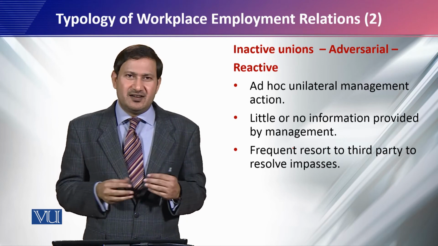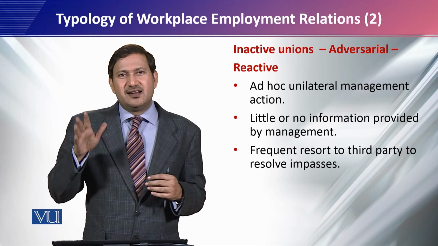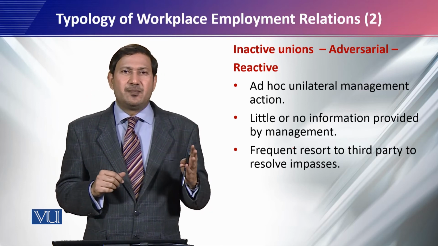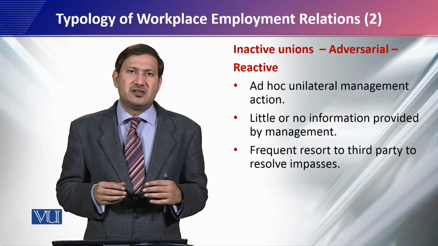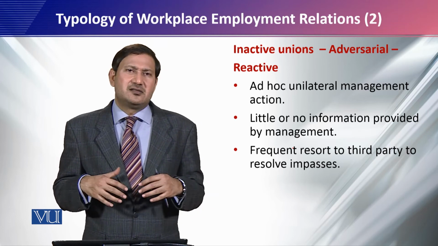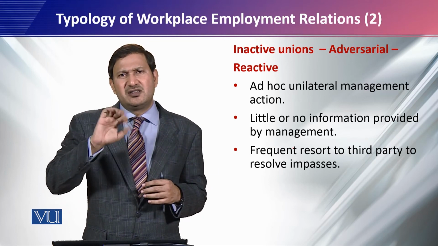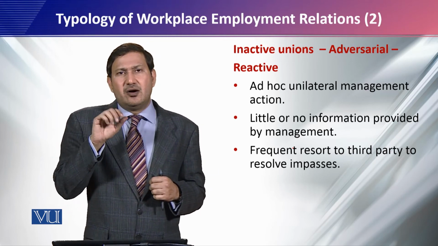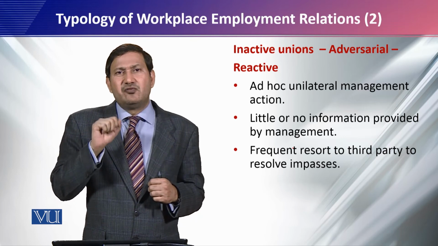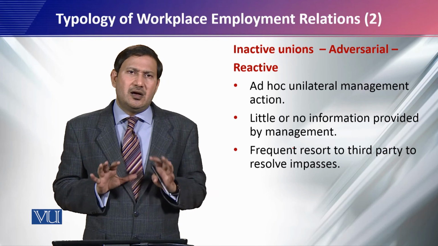Rumors will be generated, and people will pass on rumors about what is going to happen based on their assumptions. This is what happens in most organizations where there is no active union, or an inactive union, but the organization is reactive or manages relations adversarially.